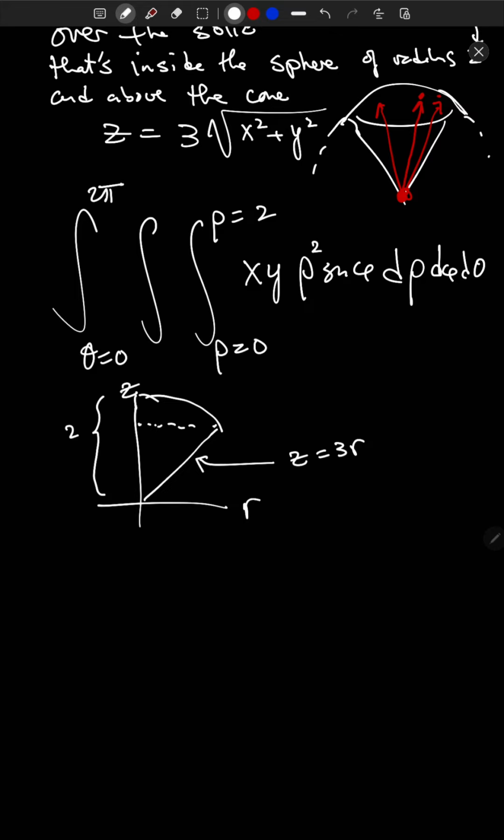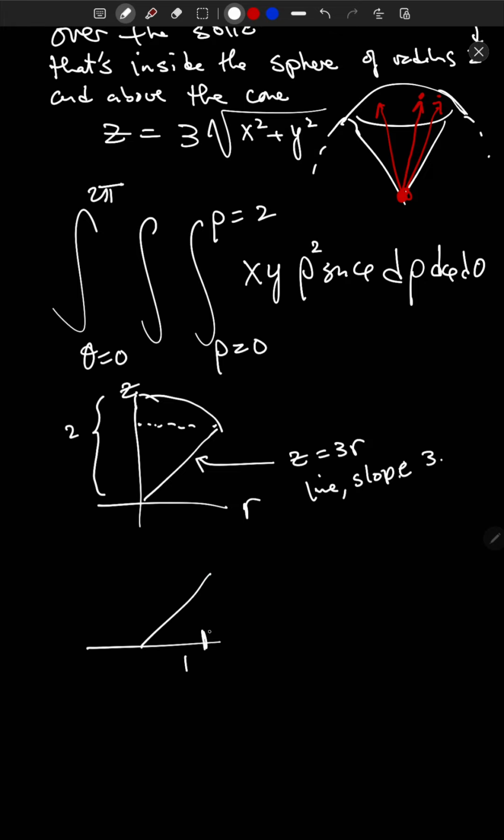All right, what that means is z equals 3r is a line, right? So if we move one step to the right, we're going to be moving 3 steps up. Let me just write it like this: line with slope 3. Okay, let me just draw it by itself.